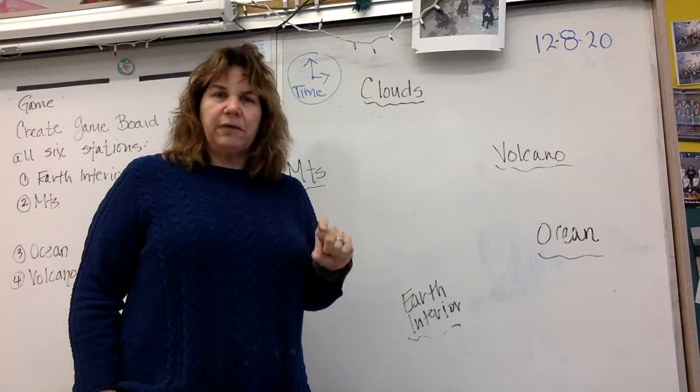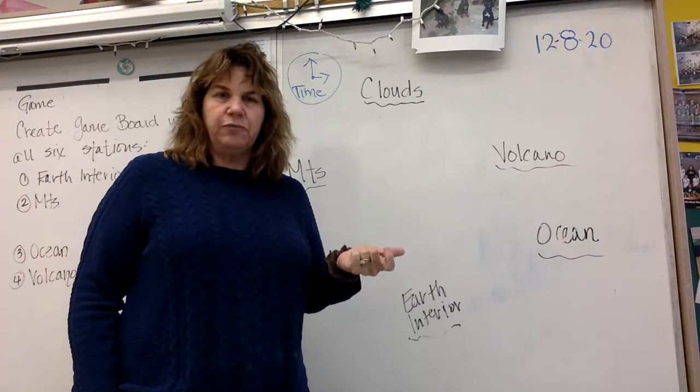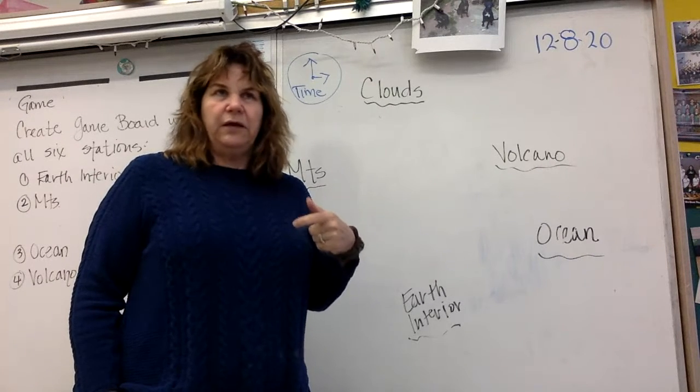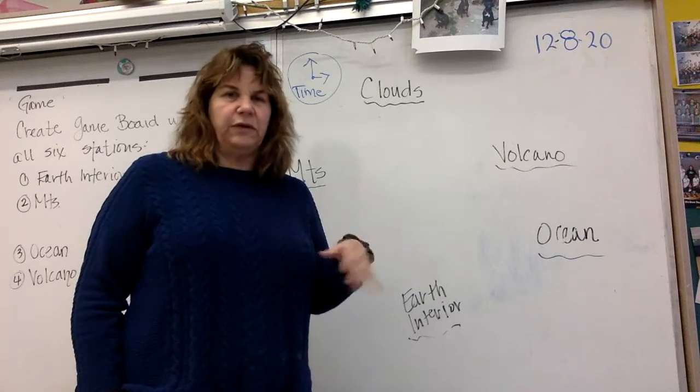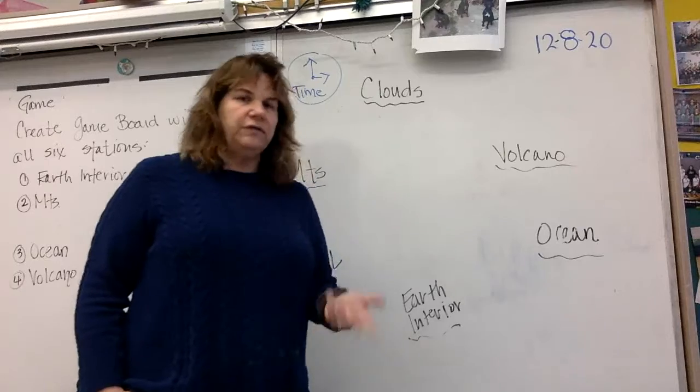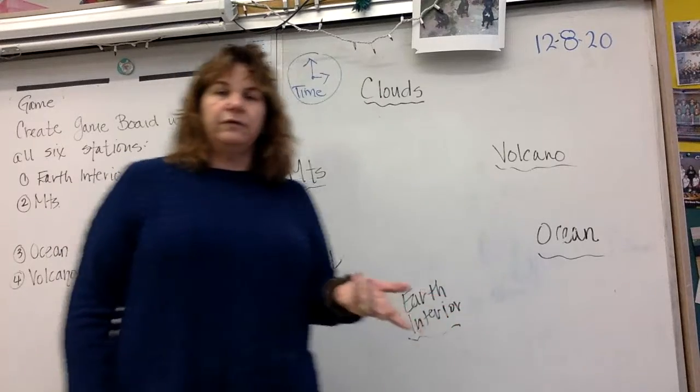And then you're also going to be writing a few sentences about things that are important about what happens when rocks are going through process at whatever the station is. So whether it's the clouds, volcano, Earth's interior, or the mountains, or the soil.